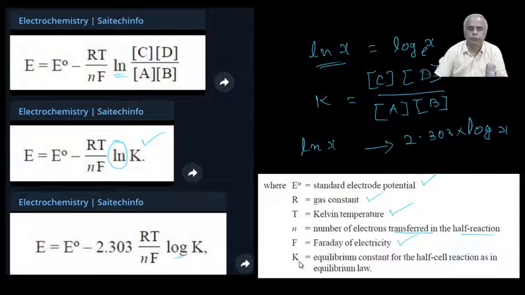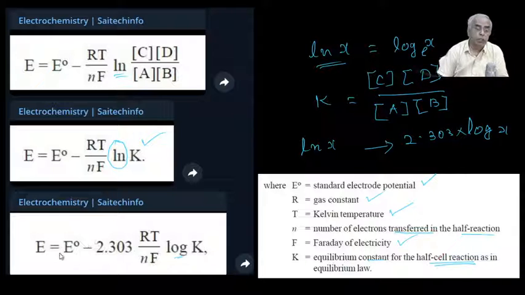And here K is the equilibrium constant for that particular half cell reaction, because we know already a cell EMF consists of two half cell reactions, one cathodic and another anodic. So we need to consider the half cell reaction, which is nothing but the electrodic reaction.